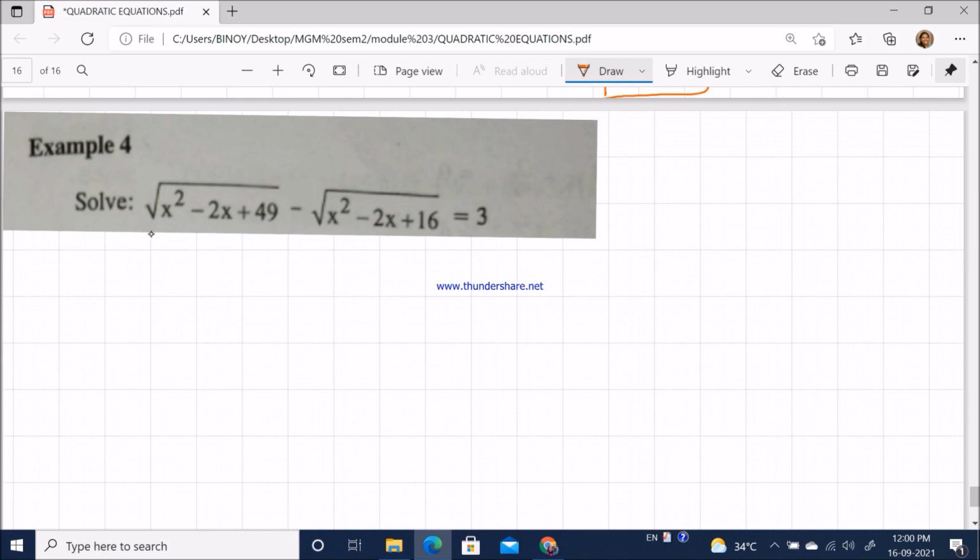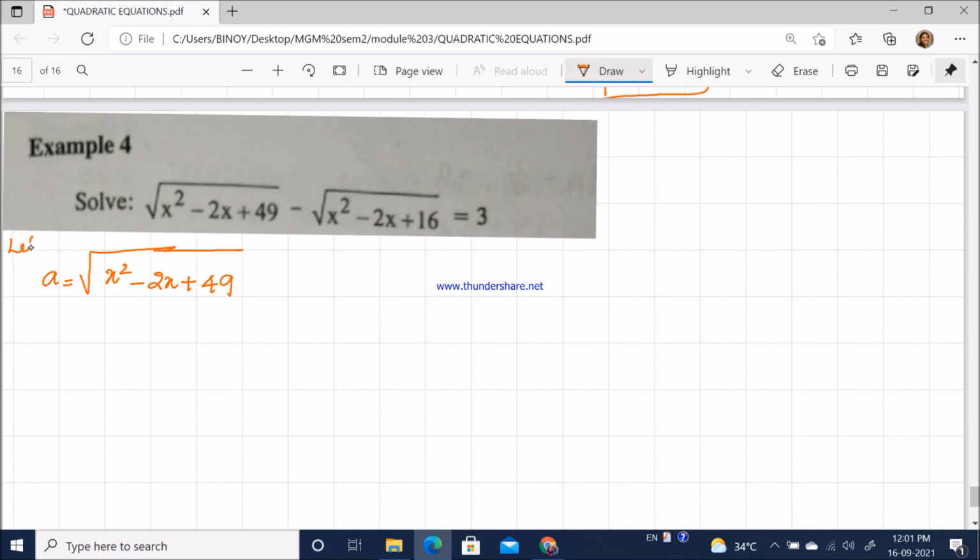Here we have to solve root of x square minus 2x plus 49 minus root of x square minus 2x plus 16 is equal to 3. So what I am going to do is equate a as root of x square minus 2x plus 49.